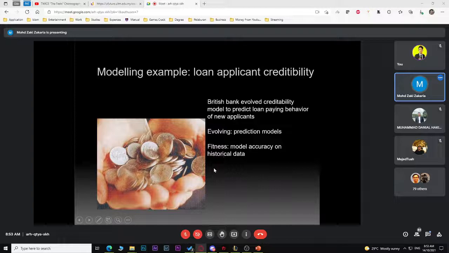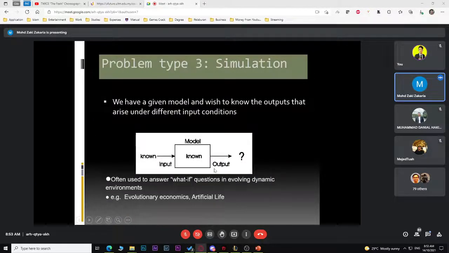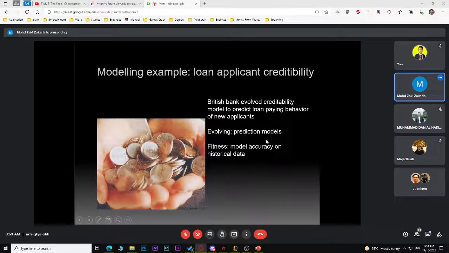Okay, this is difficult to explain, because it involves many variables for the bank loan application.